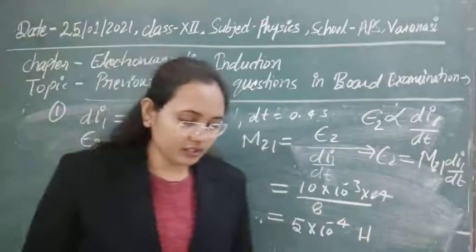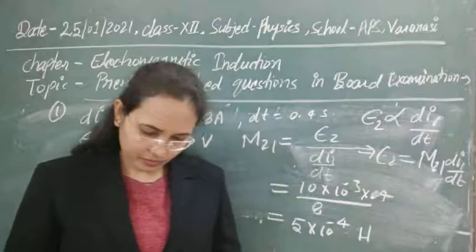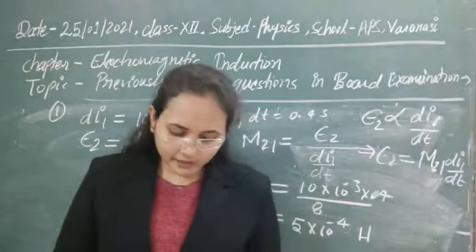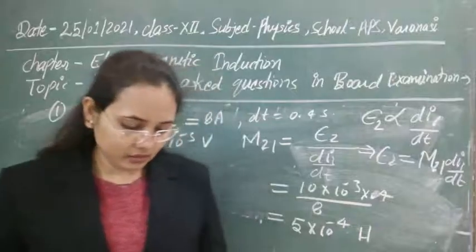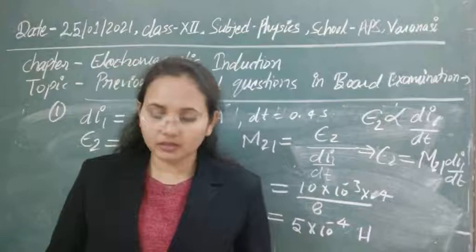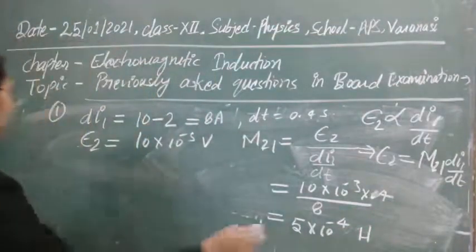And the second question in this is given to us, that if the current in the first coil changes from 4 ampere to 16 ampere in 0.03 second.